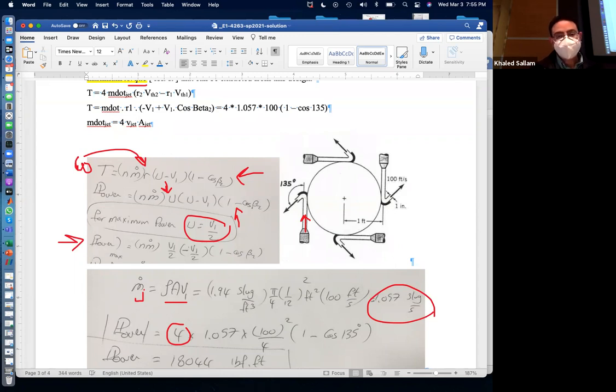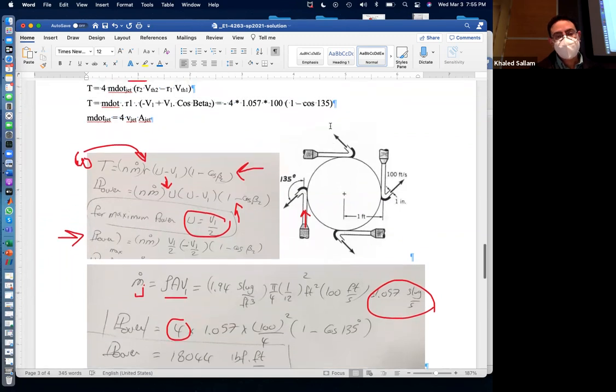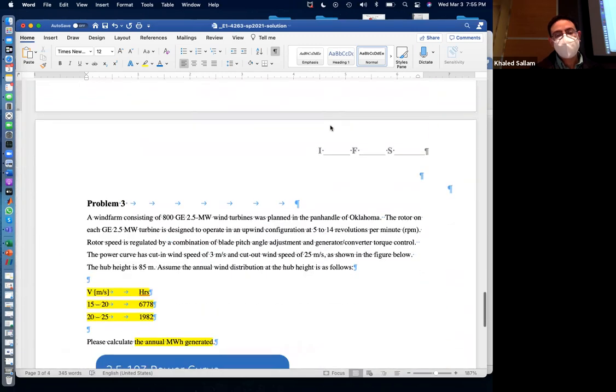And it should be negative because it's resisting the motion, because it's minus 100. So that is the answer. Questions? Very good.